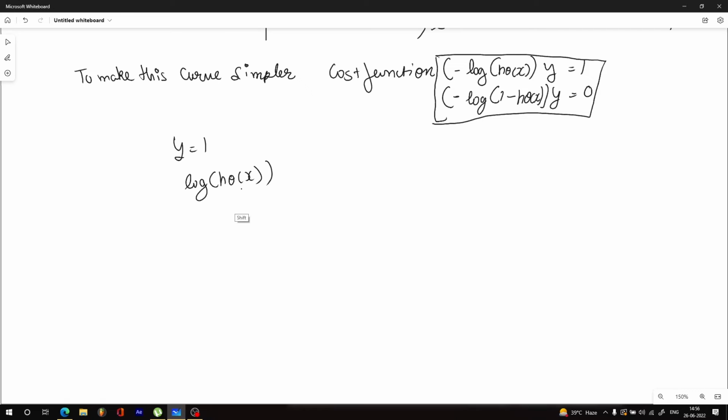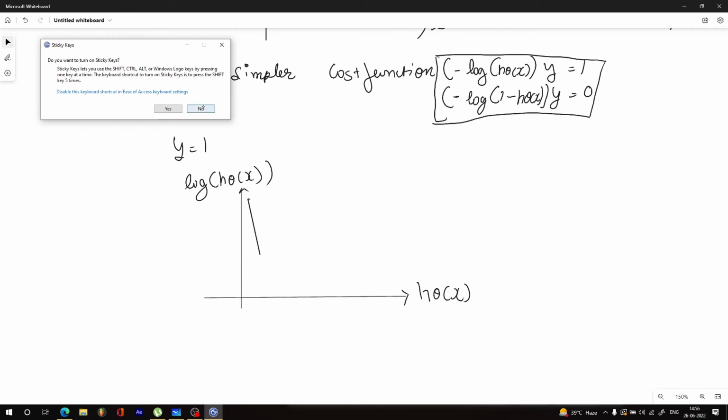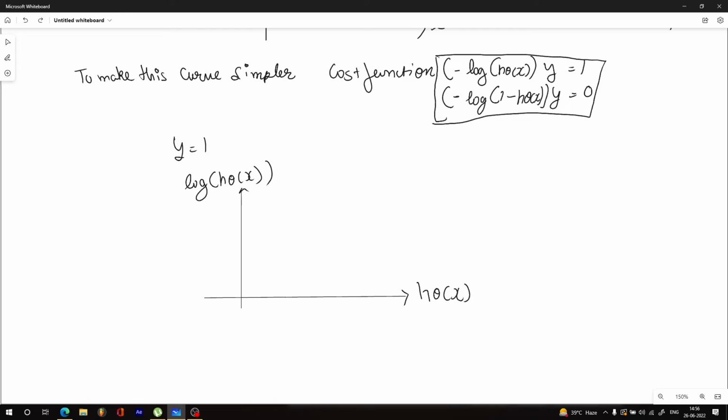If I plot a graph between log h theta of x and h theta of x, it will come in this manner, in a downward trajectory.